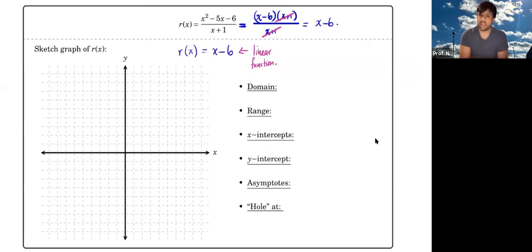There's just one tiny problem. We were able to divide the x plus 1 with the x plus 1 under the assumption that x plus 1 is not 0. Think about it. You can't have 0 and a 0 and say cancel out the zeros.